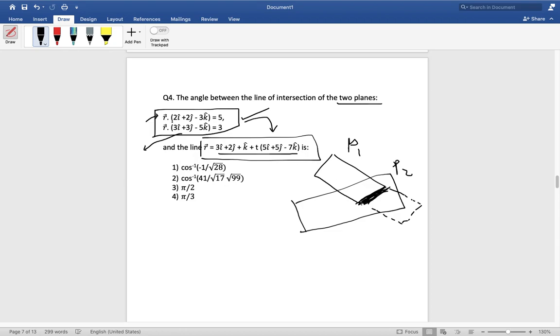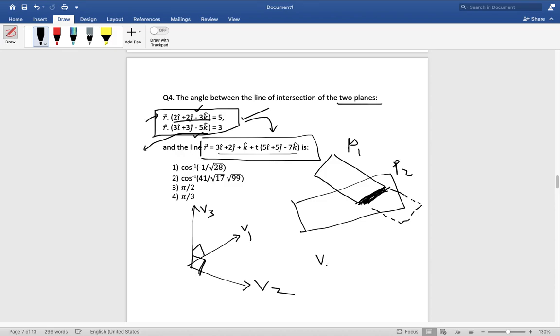So we know that this line, which is the intersection of P1 and P2, is normal to this vector and is normal to this vector. And these two vectors are what? Normal to these planes, normal vectors of these planes. So if there is a vector v1 and vector v2, and we know that there is another vector v3 which is perpendicular to both of them.